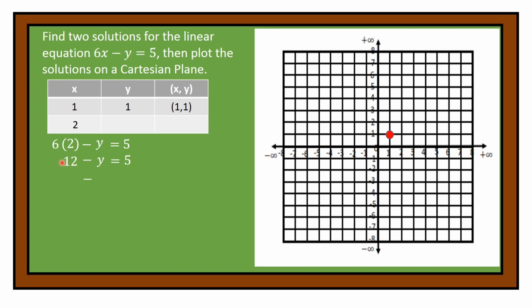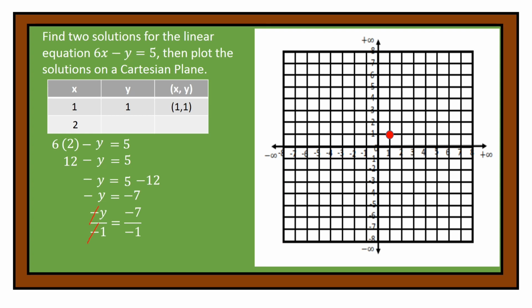Transpose 12. So we have here negative y equals 5 minus 12. Next, copy negative y equals 5 minus 12 is equal to negative 7. Since we have here negative sign beside y, we have to divide both sides by negative 1. And then cancel negative 1.